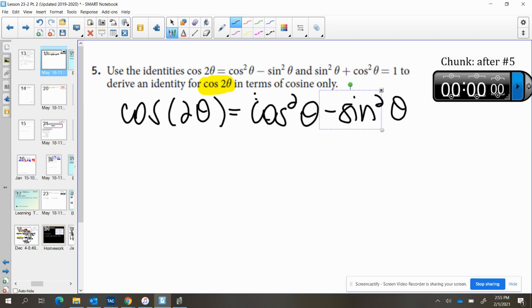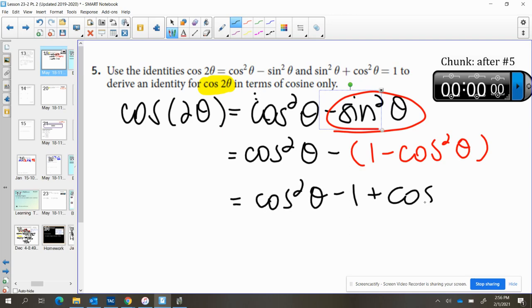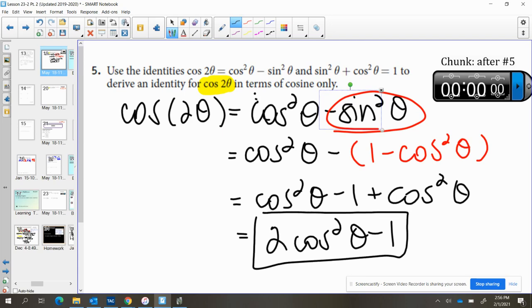But if we want it in terms of cosine only, we can make the substitution here that we would have cosine squared theta minus 1 minus cosine squared theta, which is going to simplify to be cosine squared theta minus 1 plus cosine squared, or 2 cosine squareds when we add them together minus 1. Okay, so this is another version of cosine of 2 theta that we sometimes will use.